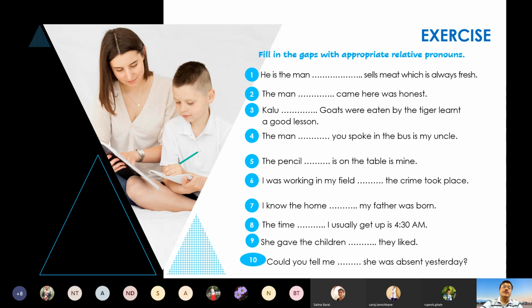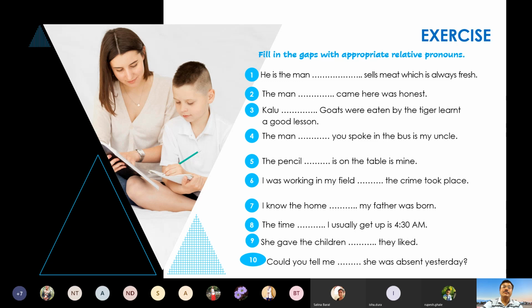Okay, the first one, he is the man. What relative pronoun there? Who sells meat which is always fresh. Okay. The man who came here was honest. Who came here was honest. Okay.